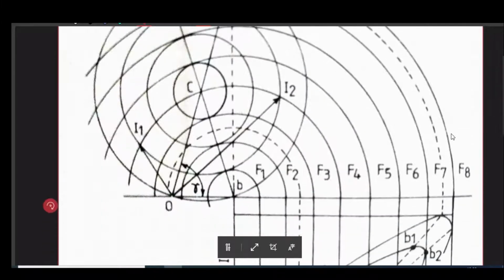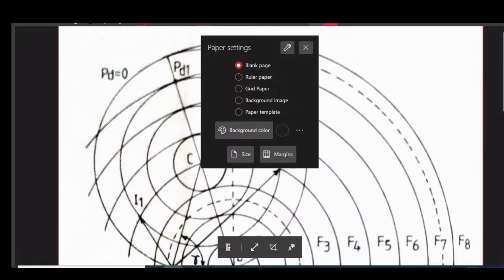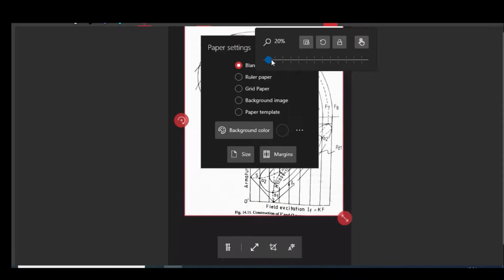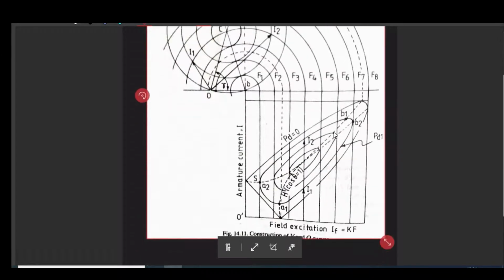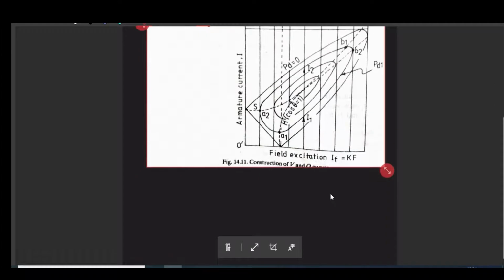See what is the motto of this diagram, or better to say the intention behind tilting that circle. What I am trying to establish here is that I would like to find out the relation between armature current, which is a dependent variable for a given power, and different field excitation.